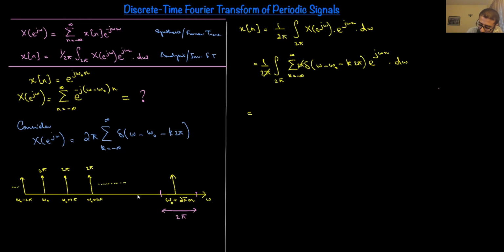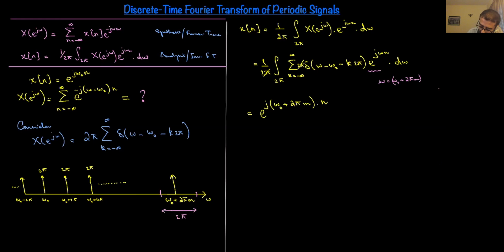this thing here evaluated at omega equals omega naught plus 2 pi m, because the integration is over the frequency variable. So this turns out to be e raised to power j, and instead of omega I have omega naught plus 2 pi times some integer m, times n.